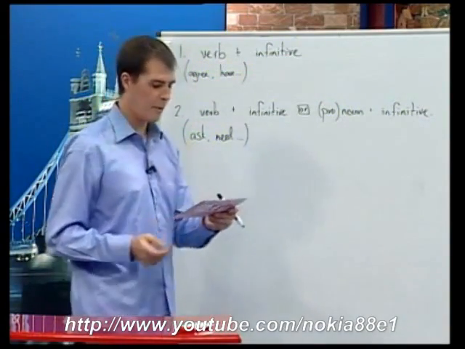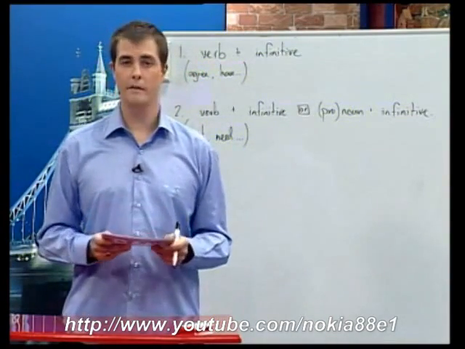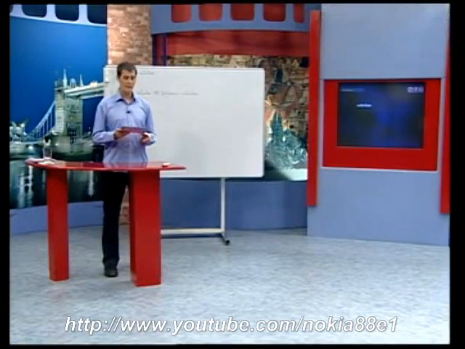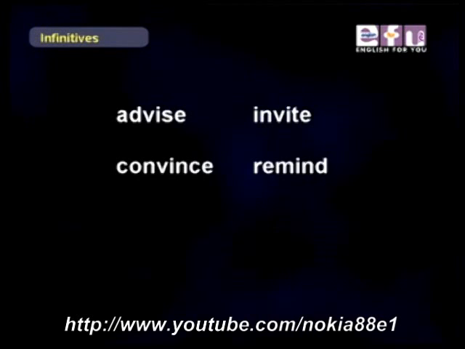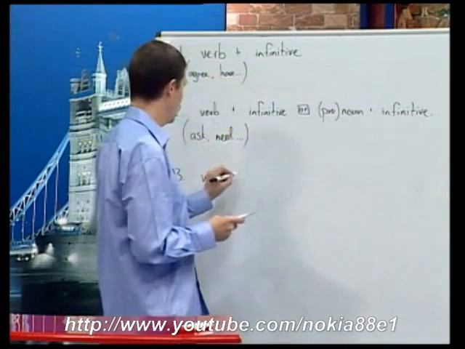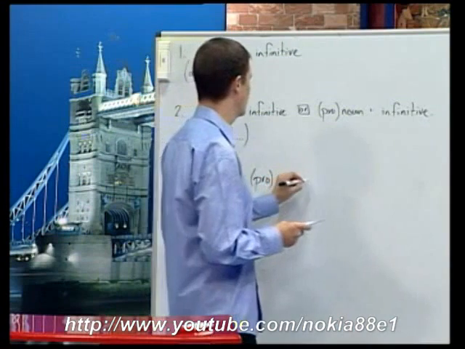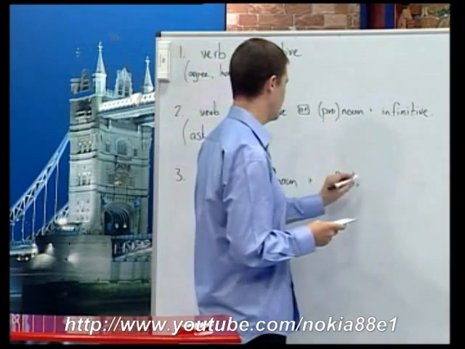Okay, we have a third example. Some verbs must be followed by a pronoun or a noun before an infinitive when they are in the active form. Some examples of these verbs are advise, invite, convince, remind, encourage, and teach. And let's put that form on the board. We have verb plus a pronoun or a noun plus the infinitive.